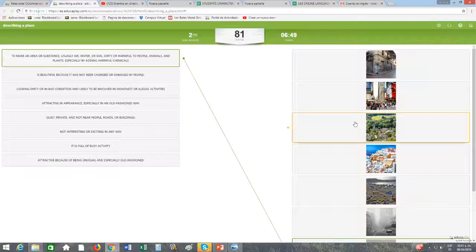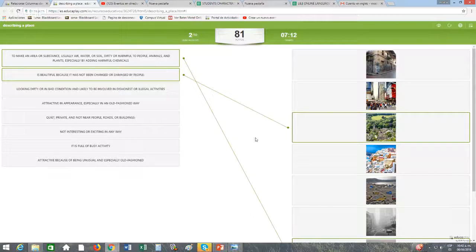The third picture. Yes. All right. And what is the word? What is the vocabulary related to that? It's not changed or damaged by people. According to the vocabulary, it's picturesque?